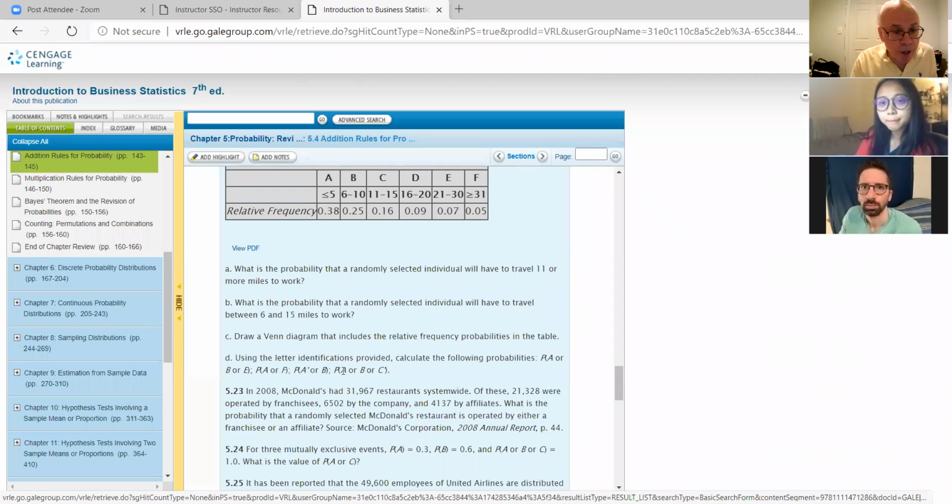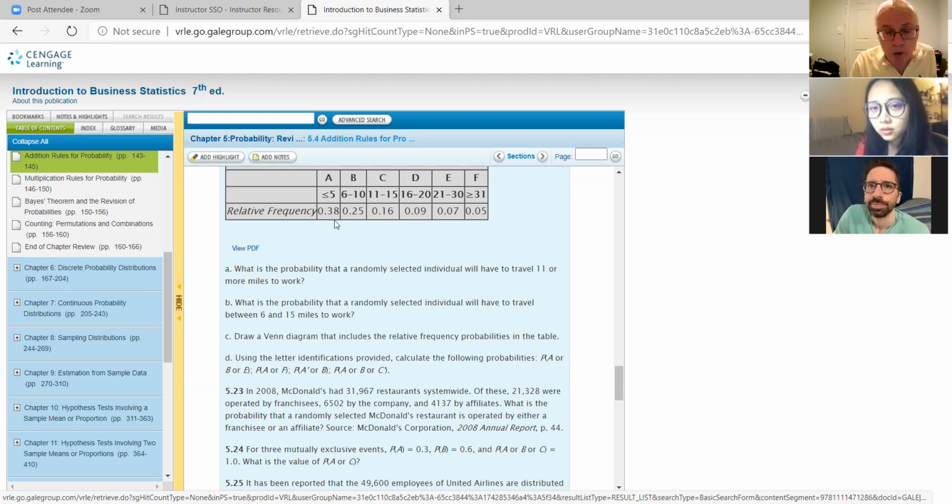Using the letter identifications provided, calculate the following probabilities. What's the probability of A or B or E? What was that? 0.7. 0.7, that's right.